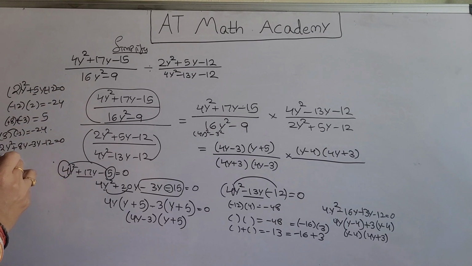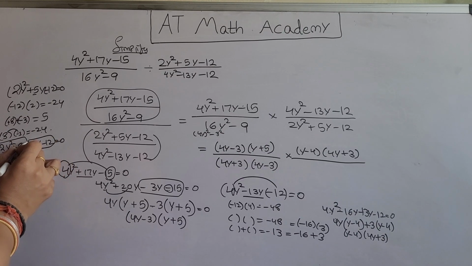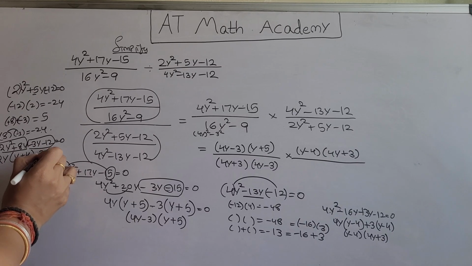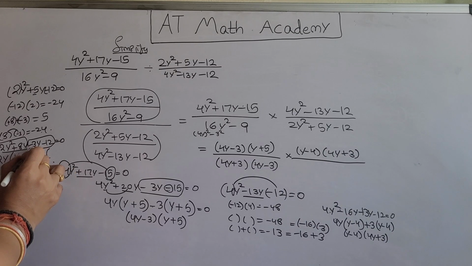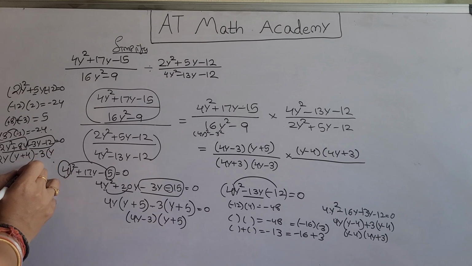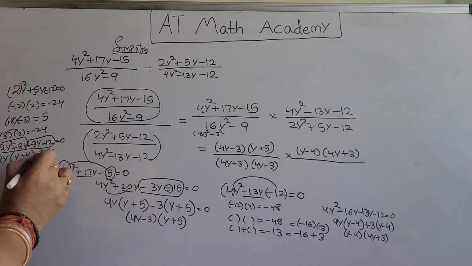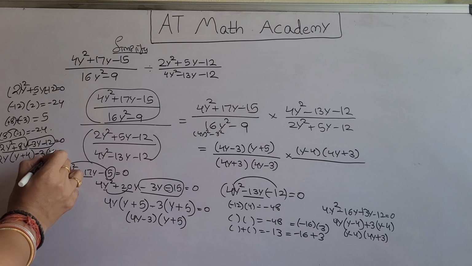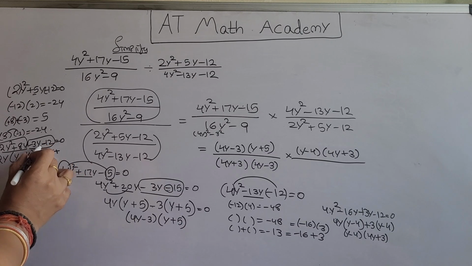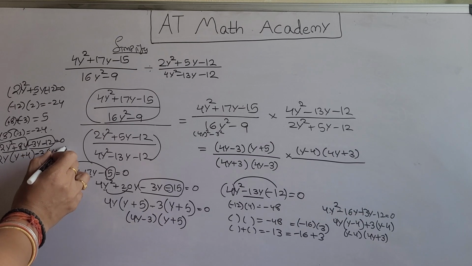When you take 2y common from the first two terms, I'm left with y plus 4. In the second two terms, I can take minus 3 as common, and for getting minus 3y, I need to multiply with y. And here I have minus 12, so since I already have minus, it needs to be multiplied with a positive sign, so plus 4.